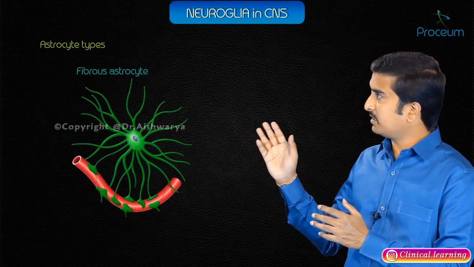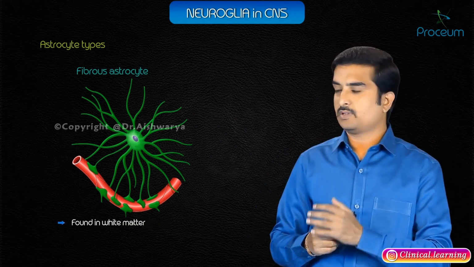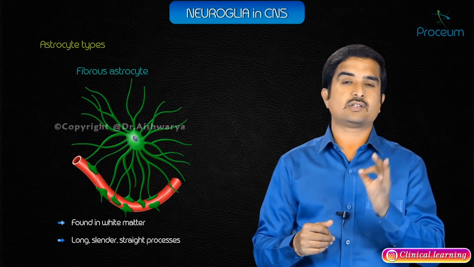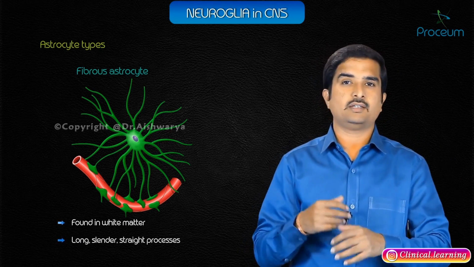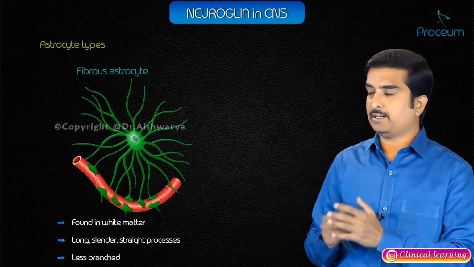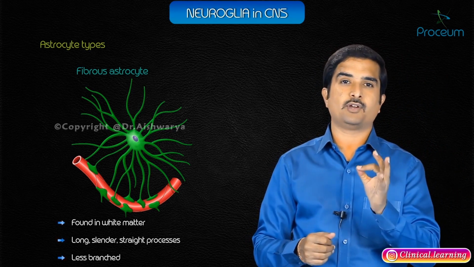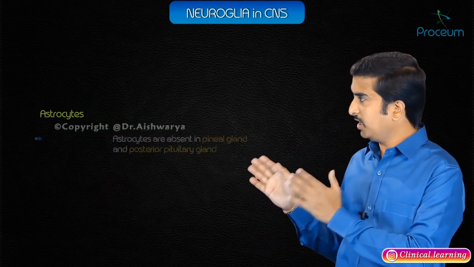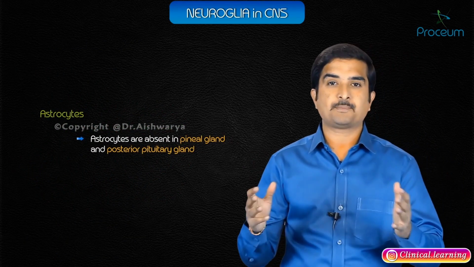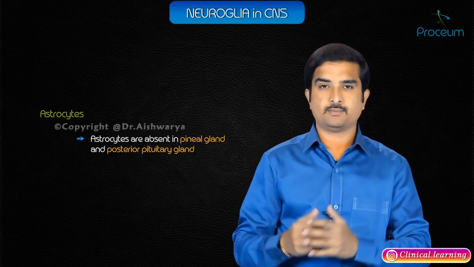In contrast, the fibrous astrocytes are mainly found in the white matter, and they have long slender straight processes, and they are less branched than the protoplasmic astrocytes. And these fibrous astrocytes take part in the formation of the blood-brain barrier. And these astrocytes are absent in the pineal gland as well as the posterior pituitary gland.